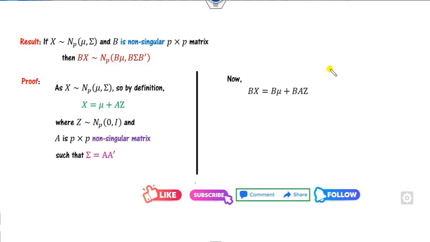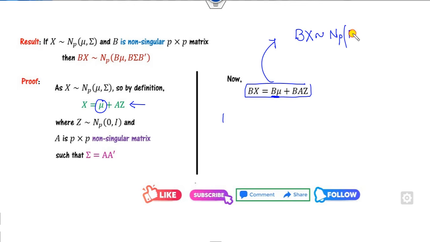Now look at the very simple concept. Compare this equation again with the definition. What will happen? That means Bx will follow the normal distribution with the mean. What is the mean? It is the first quantity, because it is independent of X and Z. So the mean is here.